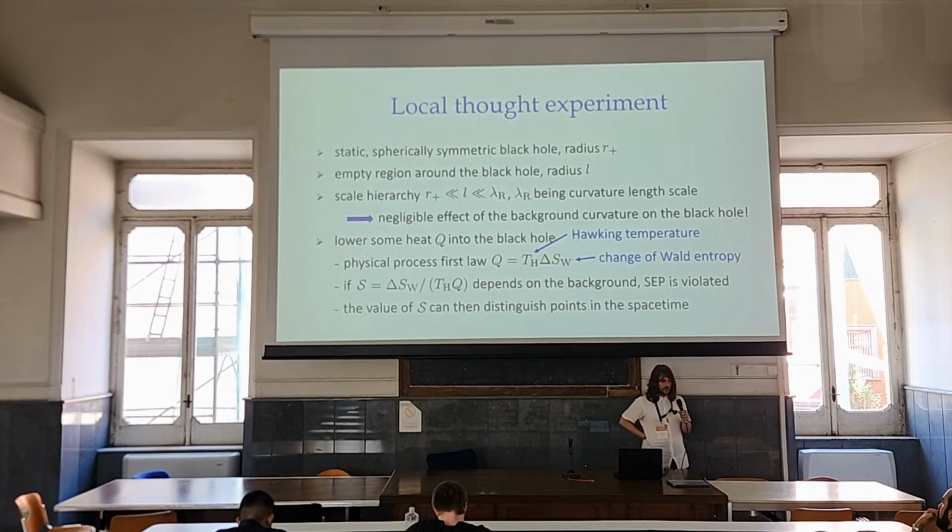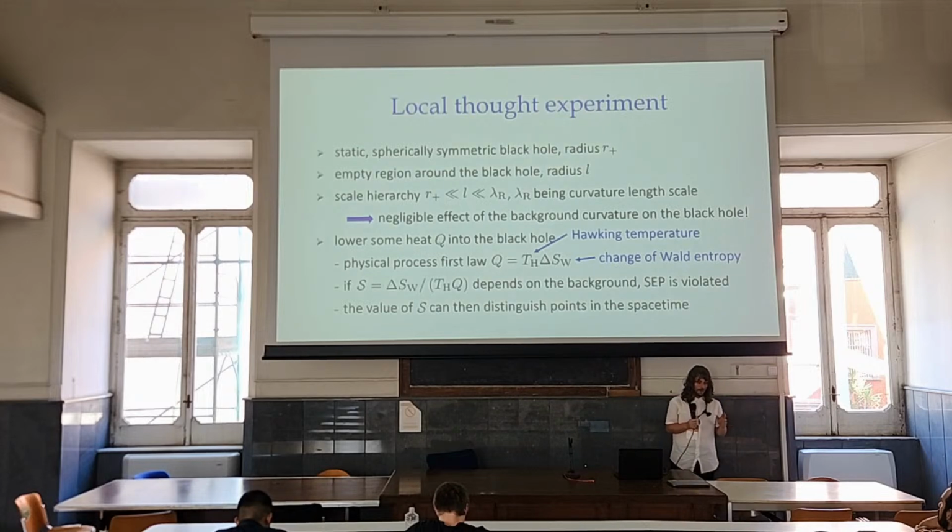And taking the ratio of this change of Wald entropy with temperature and heat term, we will find that this ratio S is a dimensionless quantity, which, if it does depend on where in the spacetime we constructed the black hole, on the background curvature of the spacetime or on any background properties of it, it does violate the strong equivalence principle, because then we can take the values of this number at different points and use them to distinguish them apart.